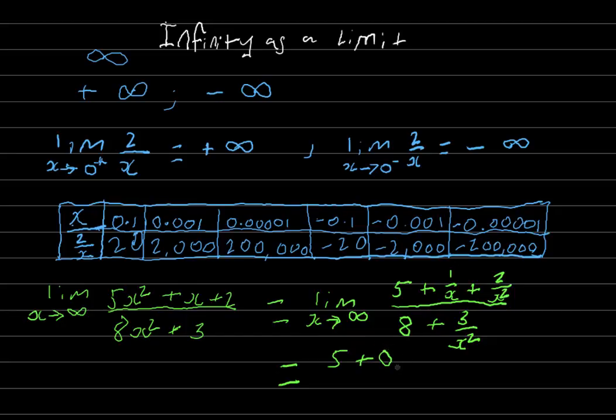Remember infinity is a very large number, so 1 all over a large number will end up having 0, and also 2 divided by a very large number is 0, all over 8 plus 3 divided by a very large number, you have 0, and finally this results to 5 all over 8. So that is the final answer to that limit.